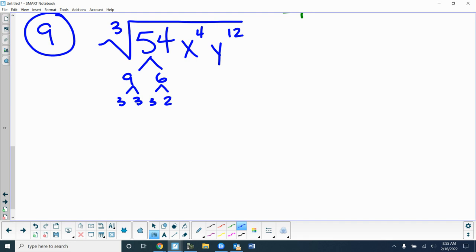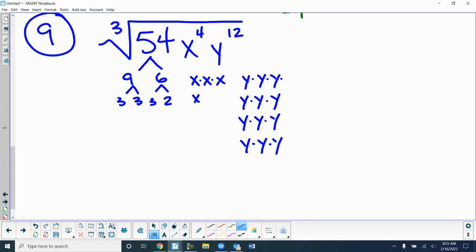For 4 x's, I want to put them in groups of 3 because it's cube root. I'm looking for groups of 3. So that's my 4 x's and my 12 y's. And I did my factor tree for my number. So I'm looking for groups of 3 because it was cube root.